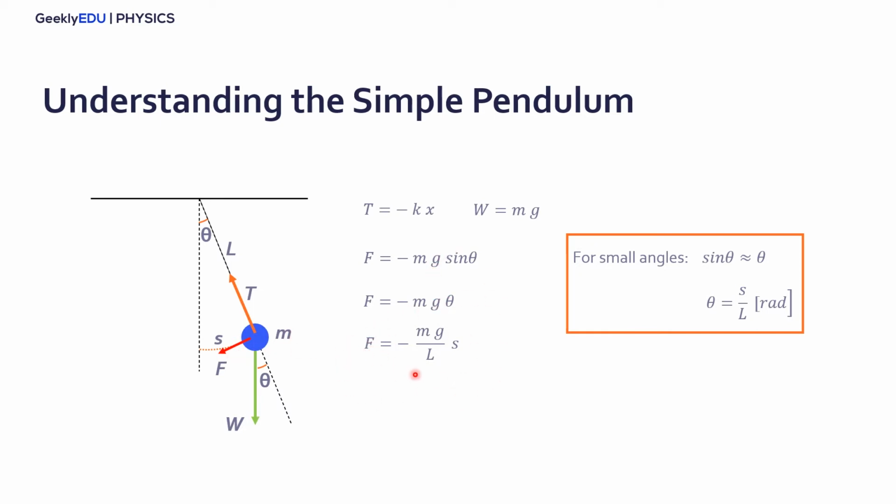F, the net force, is actually negative mg over L times this S here, the movement, okay? If you take a closer look, it actually looks like an elastic equation like this, where we have a negative times the constant, which is mg over L, times the displacement, which is S, okay?